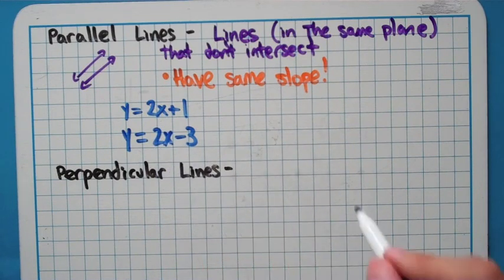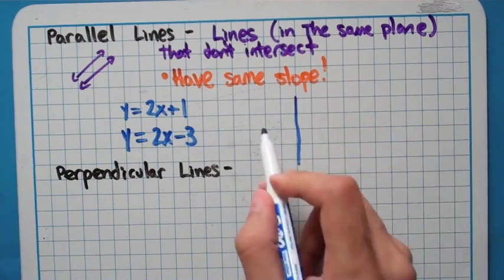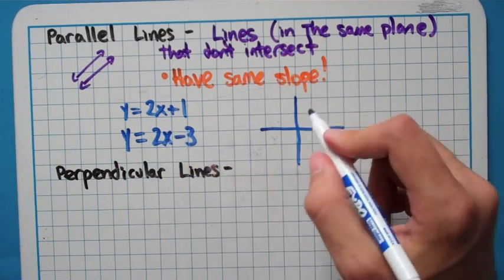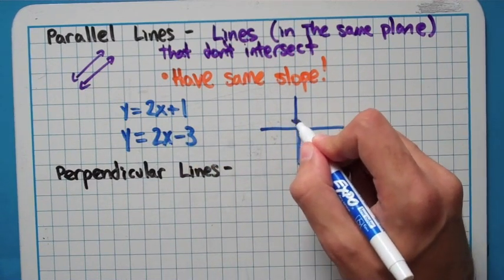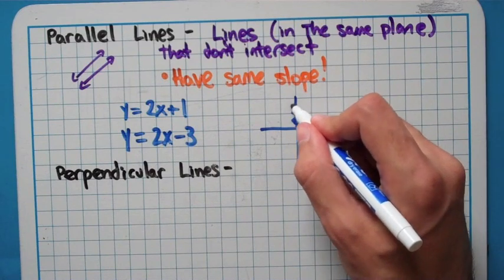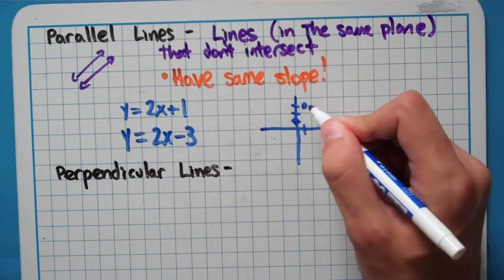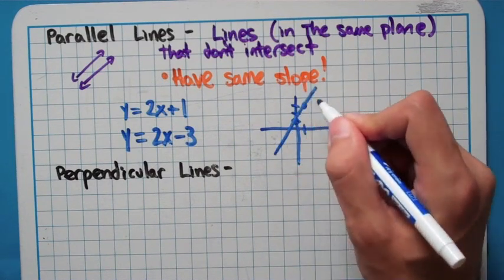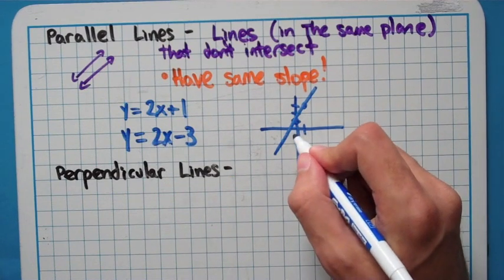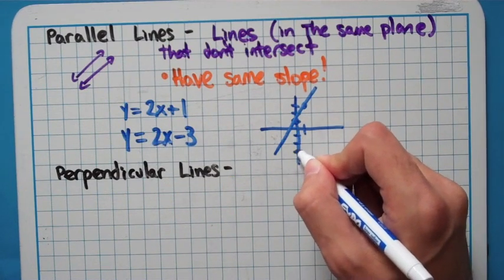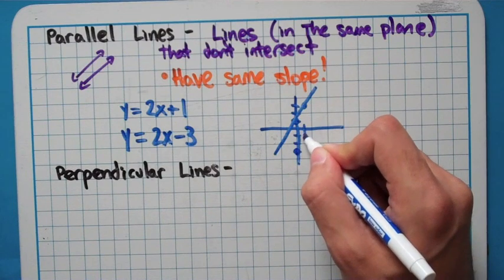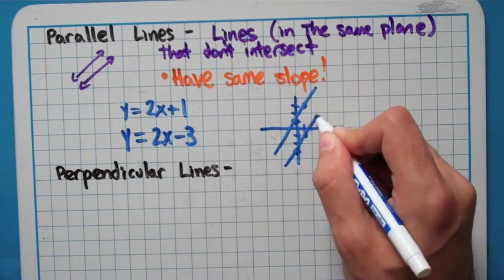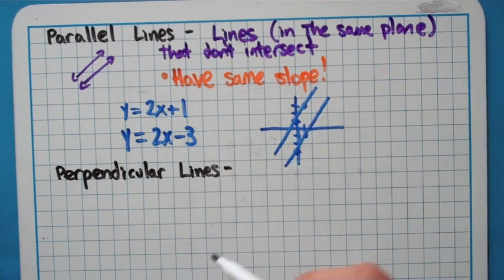And I'll actually graph that so you guys can see that firsthand. So y equals 2x plus 1. There's plus 1. I would go up 2 over 1. That line looks like this. And y equals 2x minus 3. There's negative 3. Go up 2 over 1. Looks like this. And you can see that those lines right there are parallel.